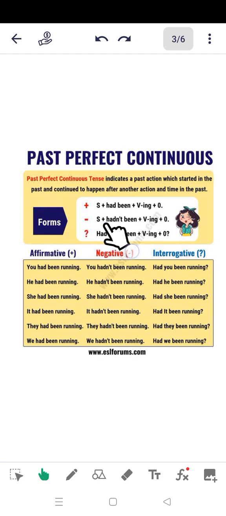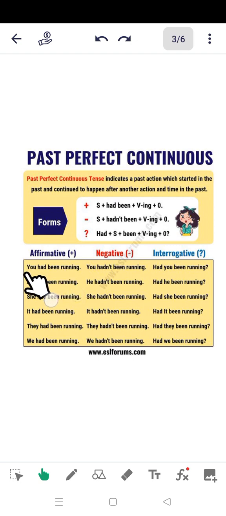Negative: subject plus hadn't been plus verb plus ing plus objects. Question: had plus subject plus been plus verb ing plus object plus question mark. Let me just tell you that had is suitable for both singular and plural subjects. She had been and I had been. They had been and Ali had been, okay?